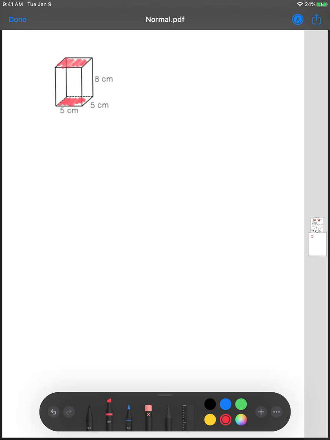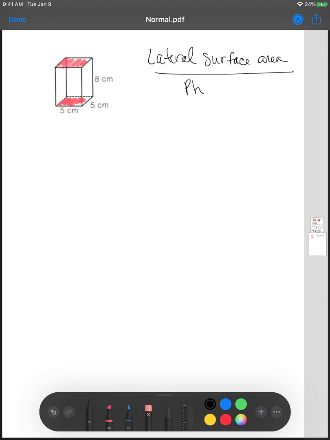Okay, so let's talk about lateral surface area first. So lateral, and our formula is PH.